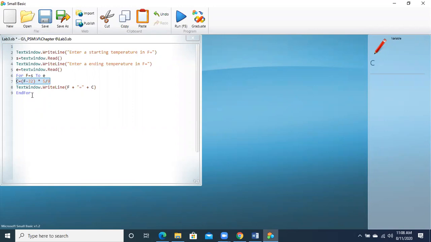This is given in your book. The formula is given in your book in the problem statement, that centigrade can be converted into Fahrenheit, and similarly Fahrenheit can also be converted into centigrade. So how can we convert it? Basically, this is the formula that we have applied in this line.